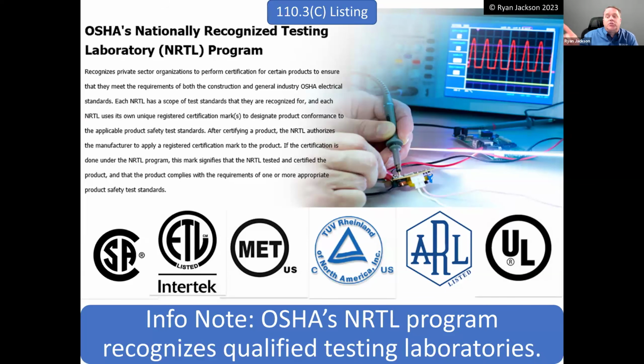It says, look, OSHA would be a good place to go. We can't tell you you must go to OSHA, but we can give you guidance, and they're kind of the keepers of the recognized testing laboratories. If you go to OSHA, they've got a list of testing laboratories that they consider suitable. So UL, MET Lab, CSA, ETL, all of these different testing laboratories.